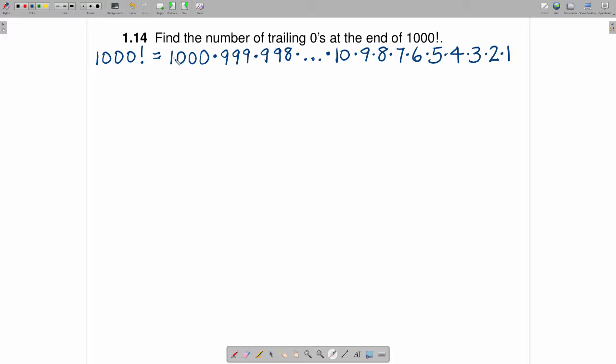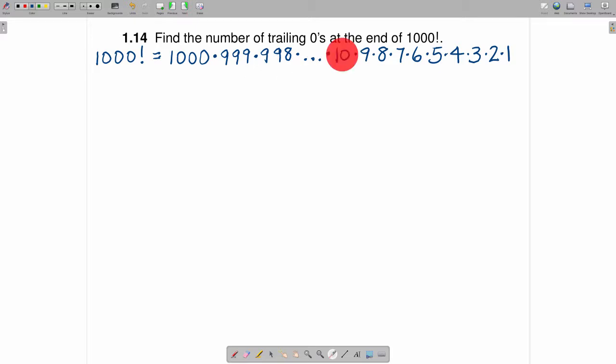One way to proceed is to say, well, 1,000 will give you 3 trailing zeros. If you go down to 990, that will give you 1 trailing zero. If you go down to 980, that'll give you another trailing zero. If you continue with that pattern until you hit 900, well, 900 will give you 2 trailing zeros.